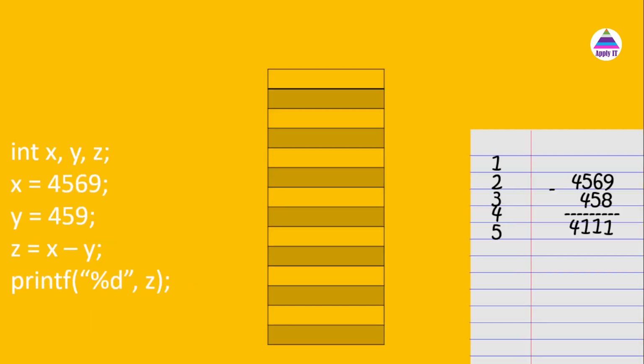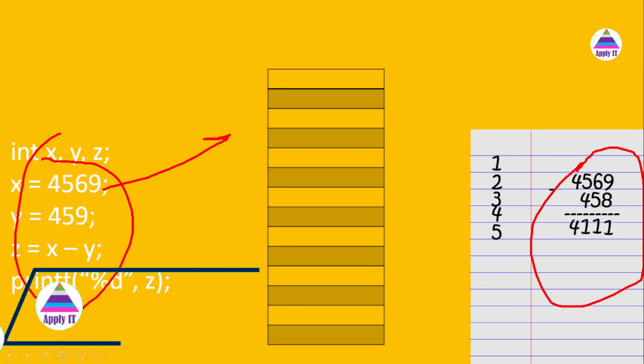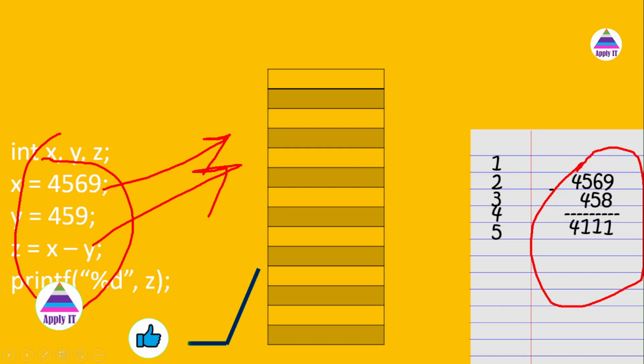So let us represent that, say this is our program and it is going to take up space in memory, and you can see that here when we solve problem on a piece of paper, we are going to occupy some space here. So in same way, when we run our computer program like this, so this program is going to take up space in memory, and whatever variables we have created, these also going to take up space in memory.